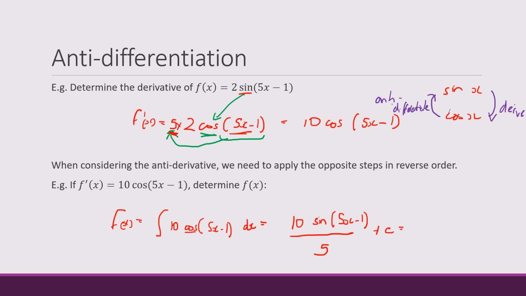So 10 over 5 gives 2 sine 5x minus 1 plus c, which matches what we started with. Our key steps are changing sine and cos according to our differentiation rule in reverse, and then dividing by the derivative of what's in brackets.